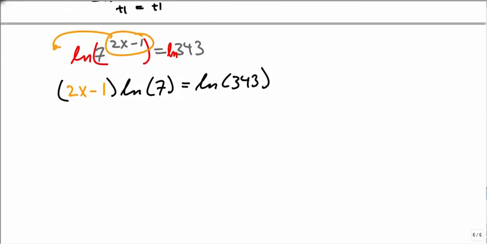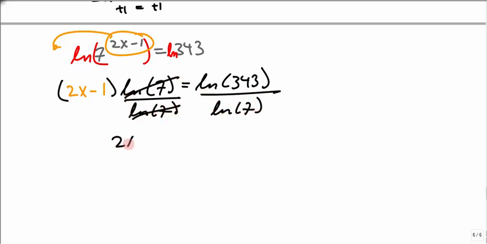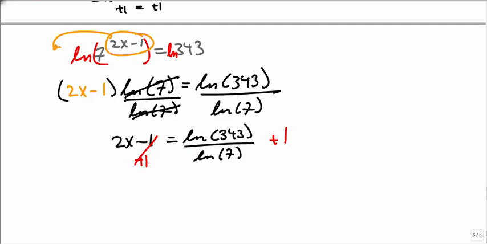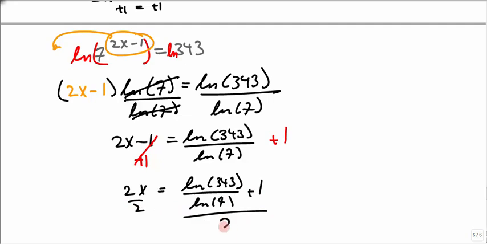Okay, to get going here, we could divide both sides through by the ln of 7. Again, there's a lot of different ways to work from here. And I have 2x minus 1 equals the ln of 343 over the ln of 7. To continue, we'd add 1 to both sides. And I have 2x equals ln of 343 over ln of 7 plus 1, and then our final step would be to divide through by 2.